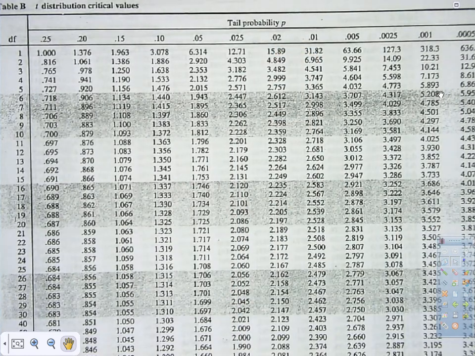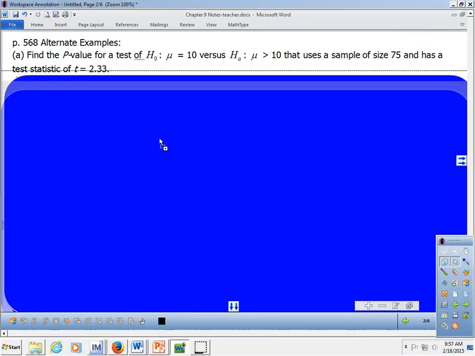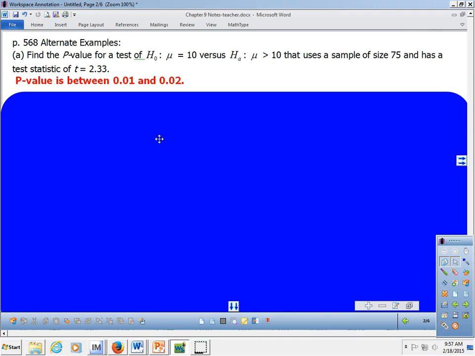So what do we do? Well, quite simply, we report a range of p-values between 0.02 and 0.01. So what is that p-value? It's literally between 0.01 and 0.02. We don't need to get any more specific than that. Okay? So when using the table, we'll talk about a range of p-values.